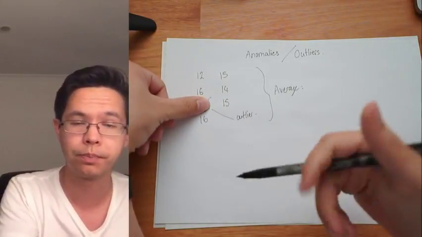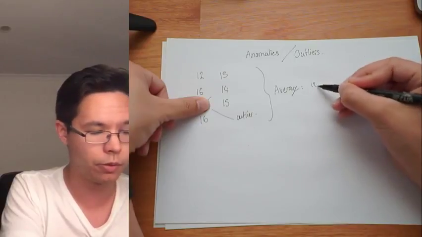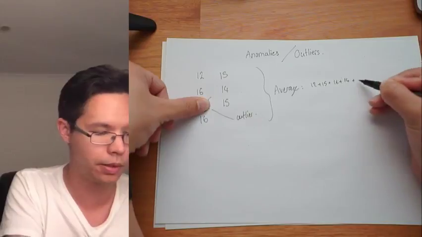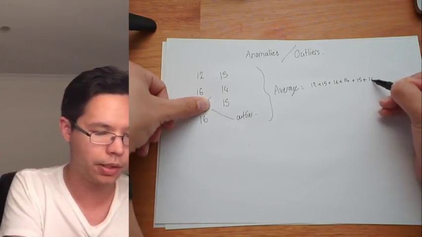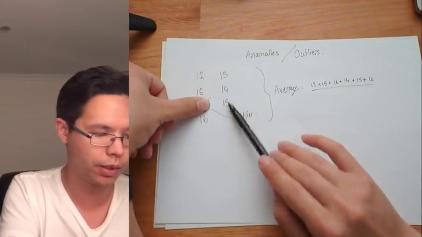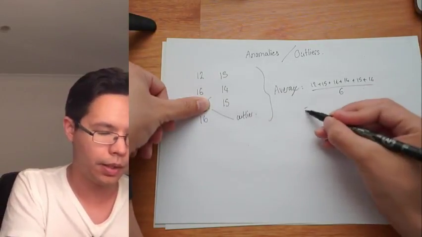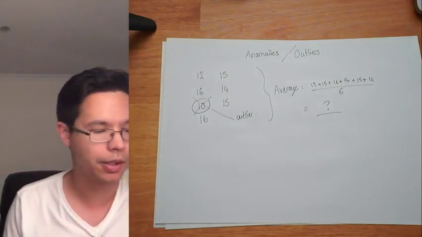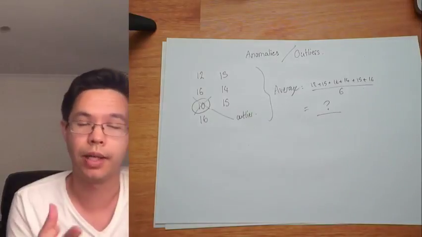So I would do the average of 12 plus 15 plus 16 plus 14 plus 15 again plus 16, all divided by how many test results I have. So 1, 2, 3, 4, 5, 6. And whatever that magical number ends up being, I'm not going to do that in real time on the video, but that's the idea with anomalies and outliers.